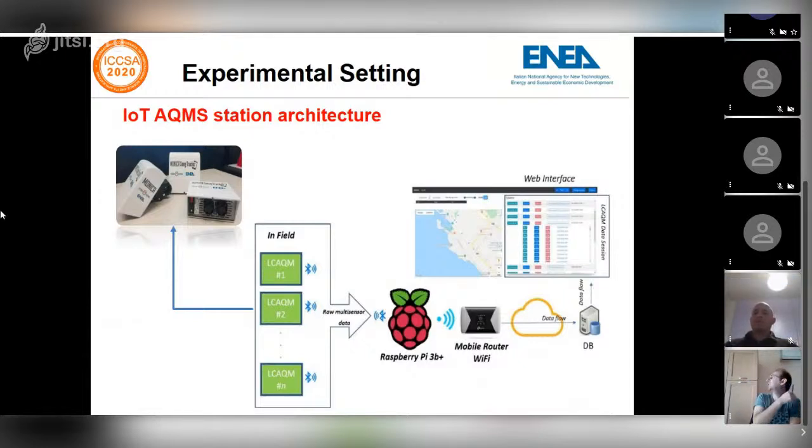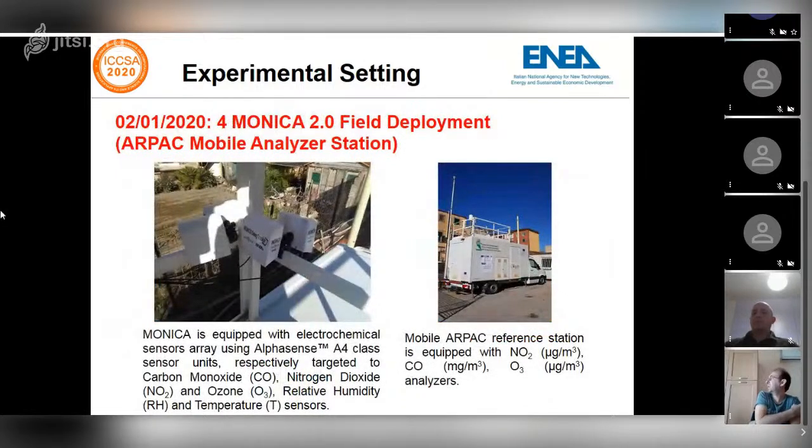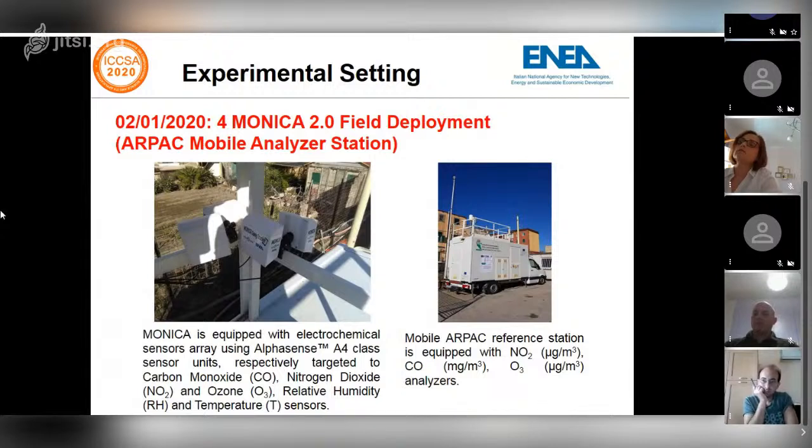But the MONICA device is a low-cost multi-sensor device equipped with an electrochemical sensor array, specifically Alphasense sensor units, targeting several pollutants. In our case, carbon monoxide, nitrogen dioxide, ozone, and two environmental variables, relative humidity and temperature.